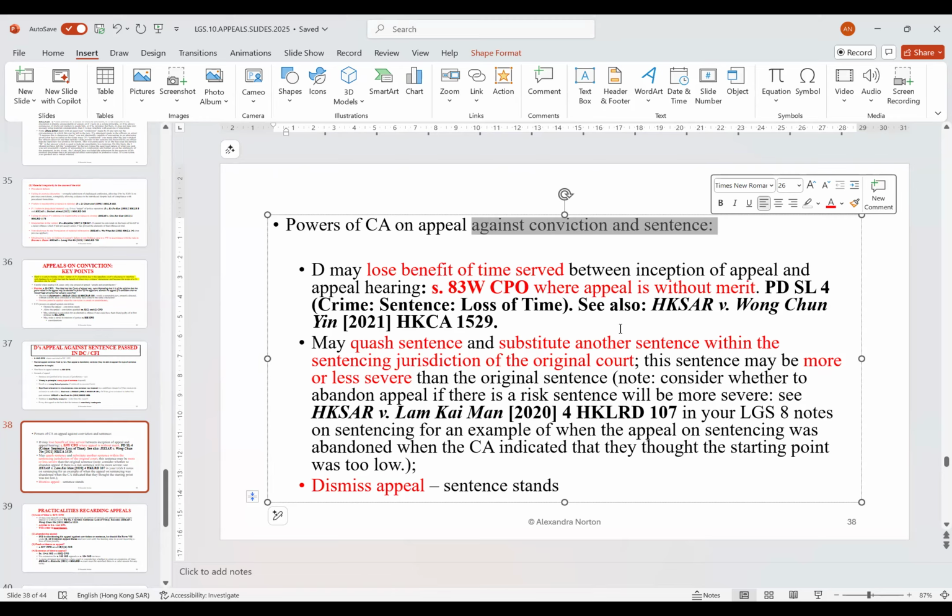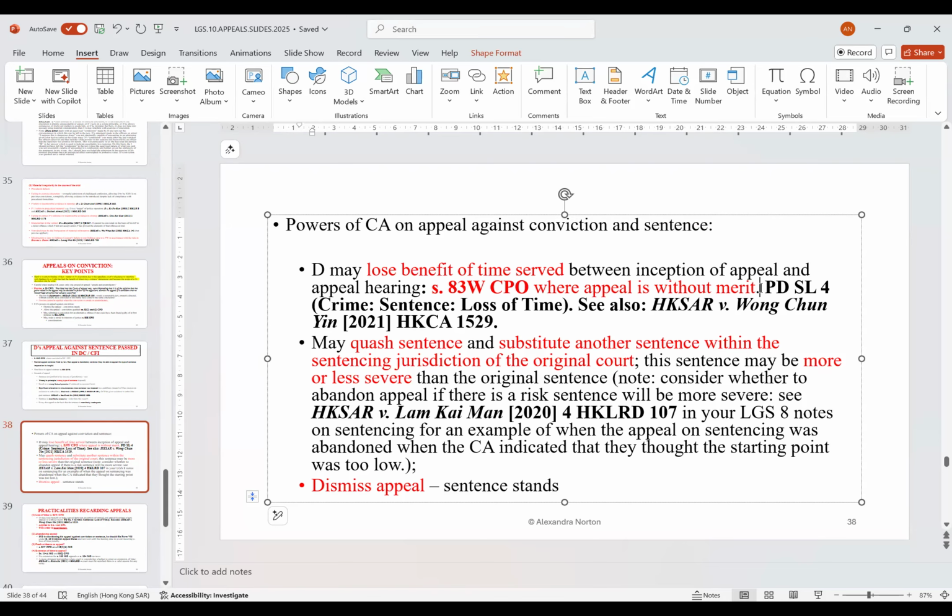That's Section 83W of the CPO. But it only applies to appeals to the Court of Appeal, not in the context of a magistracy appeal. Okay, so there is the risk, and you should warn your client of this, that he can lose the benefit of time served, but only if his appeal is without merit, right?